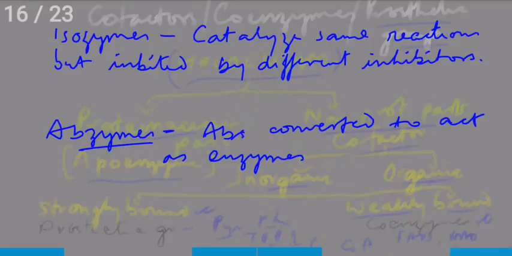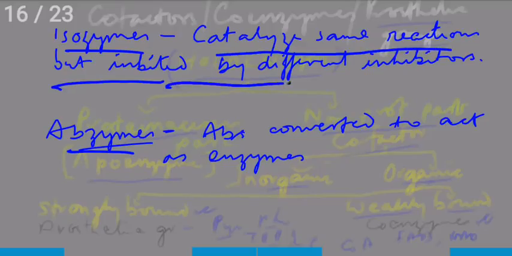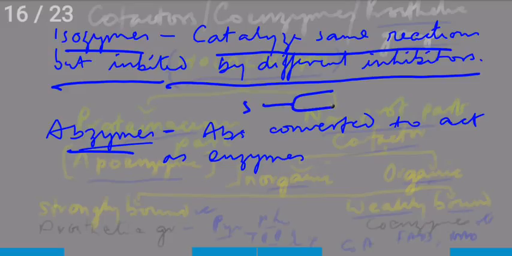Now there are few terms like isozymes, abzymes, etc. Isozymes are basically different forms of an enzyme that can catalyze the same reaction, but can be inhibited by different inhibitors. These are actually the enzymes of branched pathway. Suppose this is a substrate that is converted into two products A and B, but the enzyme required is one, E1.